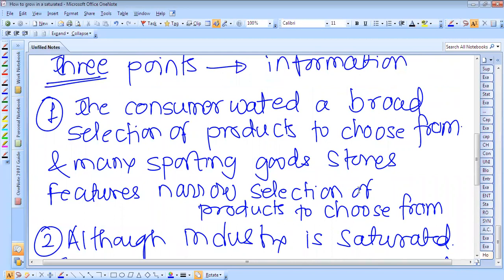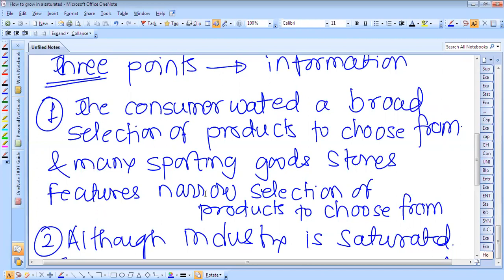The first point is that the consumer always wants a broad selection of products. So even though the market is saturated, we have to keep a broad selection so that they can select from it. If there is only a narrow selection, definitely they will not turn to your stores, and you will not get the customers.